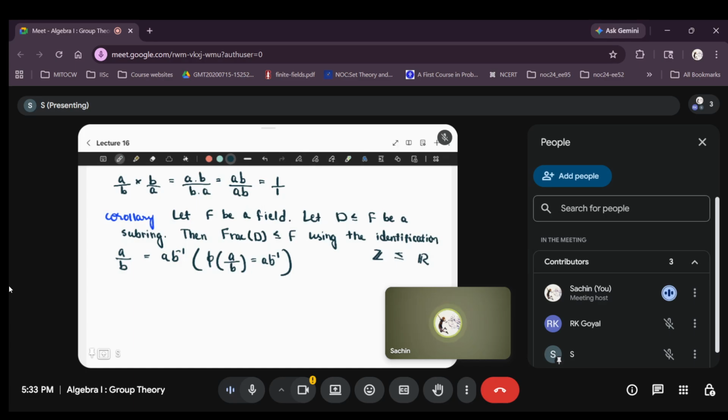But for integers, what is frac D? That is set of fractions taking integers. What is frac of Z? What is frac of D for integral domain D?